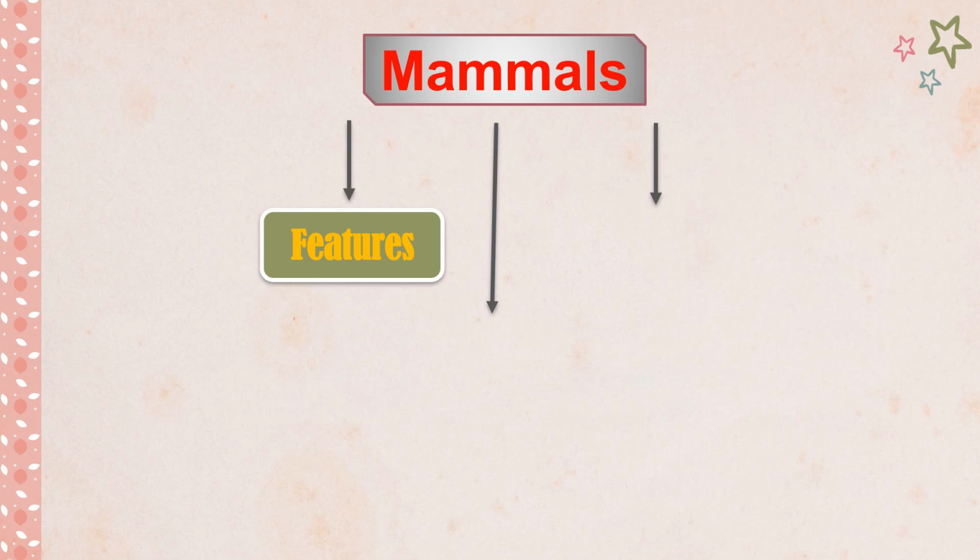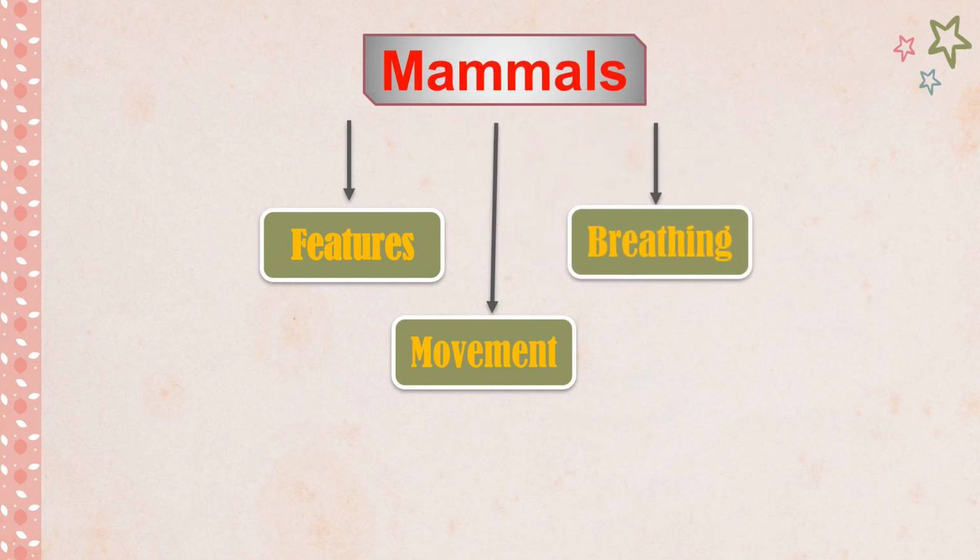They have hair or fur covering their bodies. Next is movement. They move by walking, jumping, or running. Some of them can swim, like dolphins. Last is breathing. They breathe through lungs.